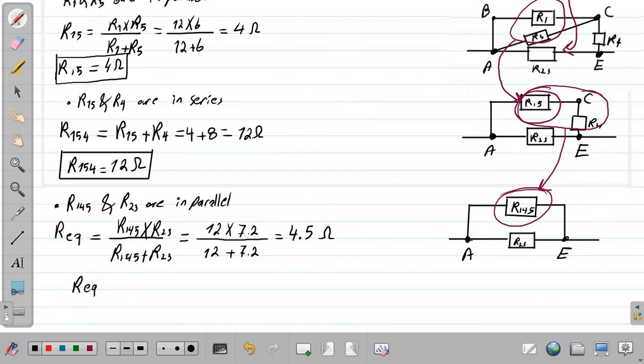So R equivalent is equal 4.5 ohm as mentioned in the question.